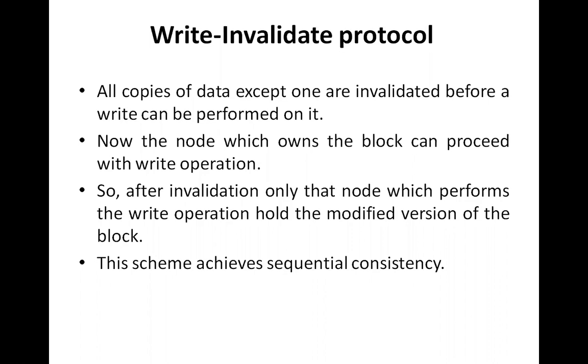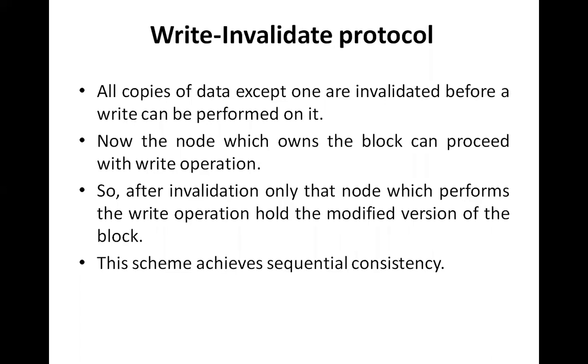So you can say that in this particular method, after invalidation of the blocks, only one node is able to perform the write operation on the block which it holds, and modifies it. The purpose of the Write-Invalidate protocol is to invalidate the rest of the data blocks present at the different nodes, take that data block to its own node, and do the writing and modifying.